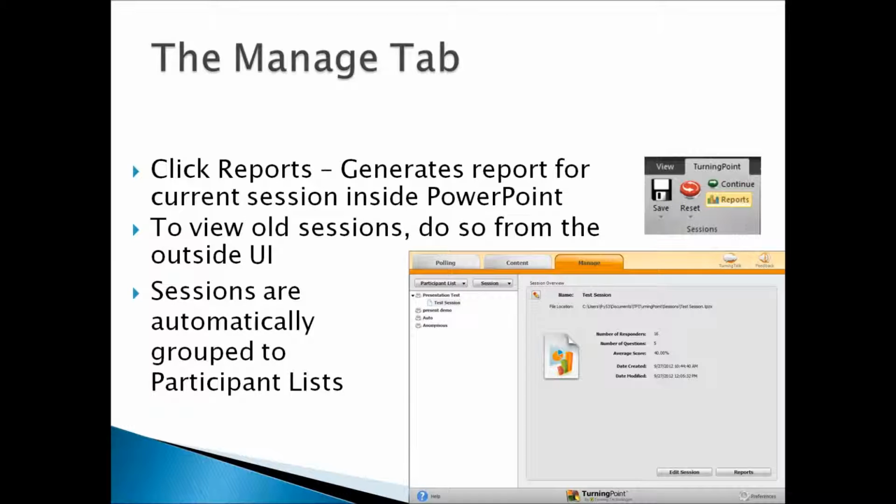In TurningPoint 5, whenever you save a session while you have a participant list loaded, it will automatically allocate that session file to that participant list, essentially managing and organizing your session data for you, which is a new feature and certainly a helpful one.